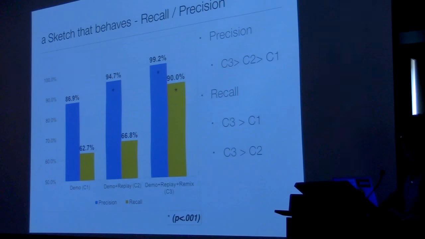In C2, which is demo plus replay, and C3, which includes the remix function, we could see the gain in the precision. Precision means that they didn't have unnecessary actions, because the remix function allows skipping certain recorded operations. We got almost 100% precision in C3.